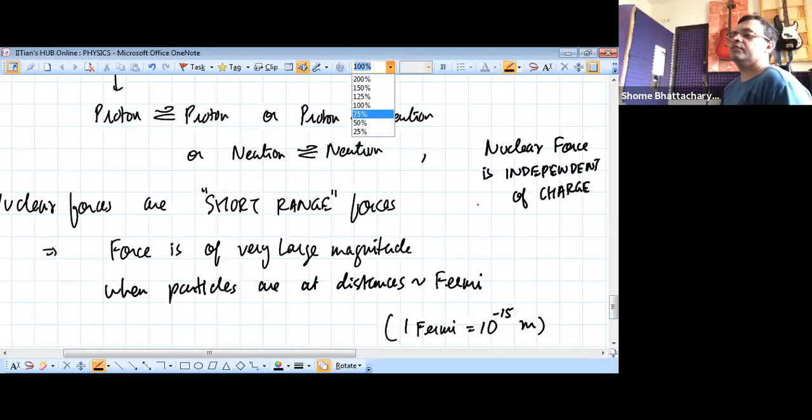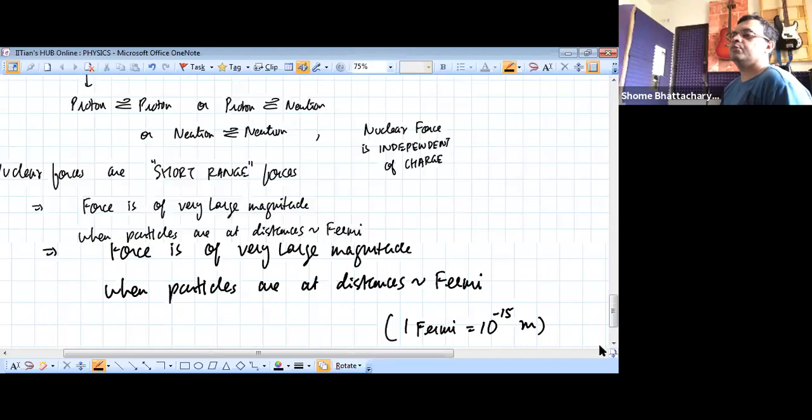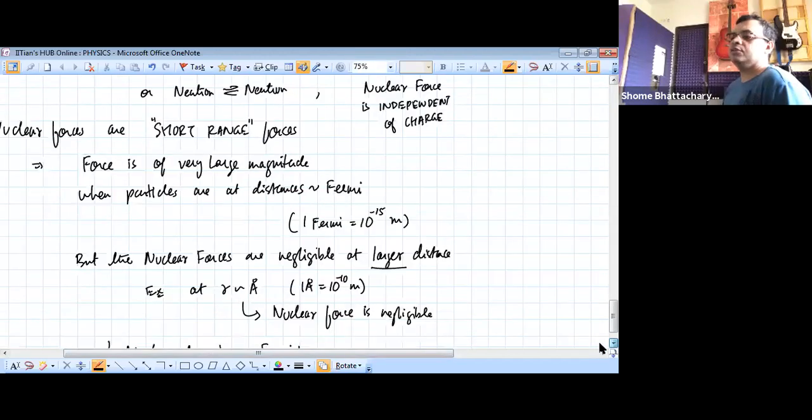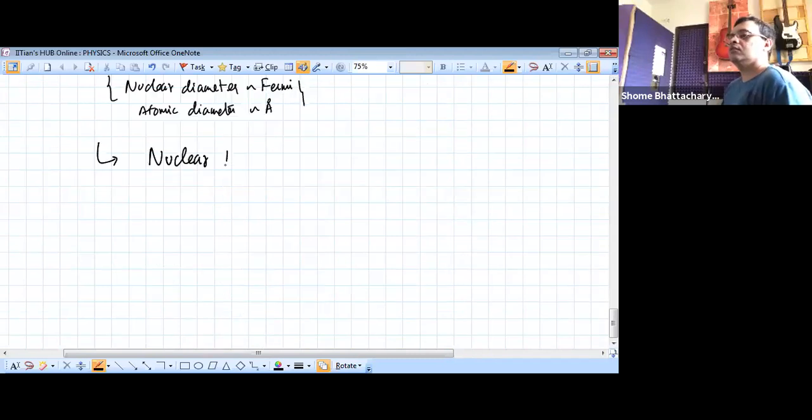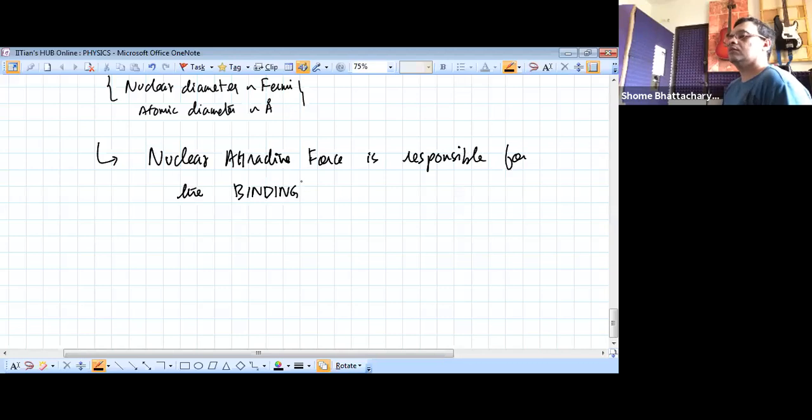And finally, one more significant point about nuclear force. It is the force that is responsible for binding the nucleus together. Okay. So, nuclear attractive force is responsible for what we call the binding together of nuclear particles.